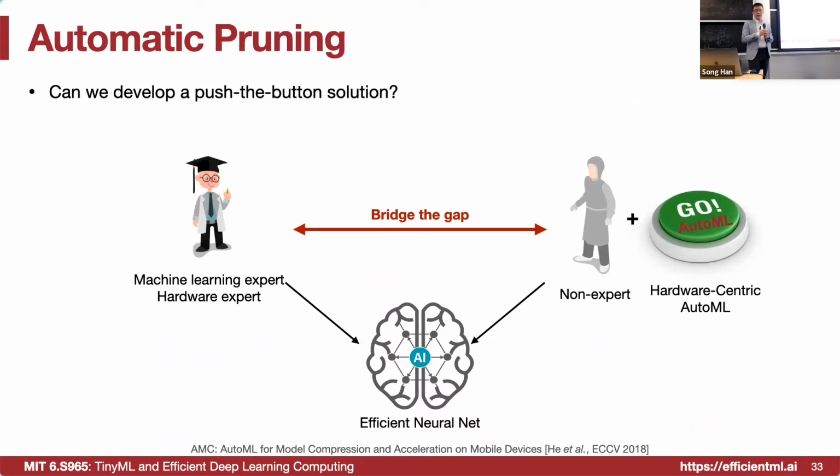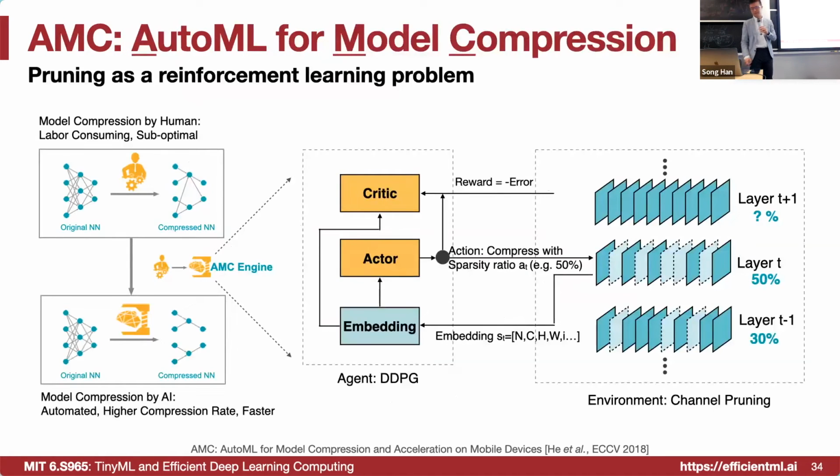Traditionally, such pruning requires both a machine learning expert and a hardware expert, since you want to understand the library, the operator support, which layer is efficient, what the cache size is, etc. We also want to enable non-experts to have a push-the-button solution for efficient neural net design, bridging the gap with AutoML approaches.